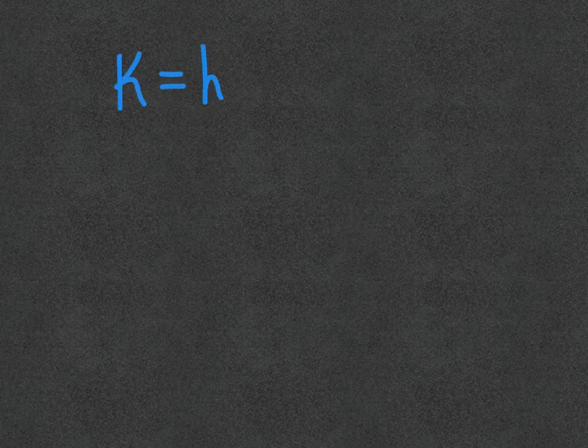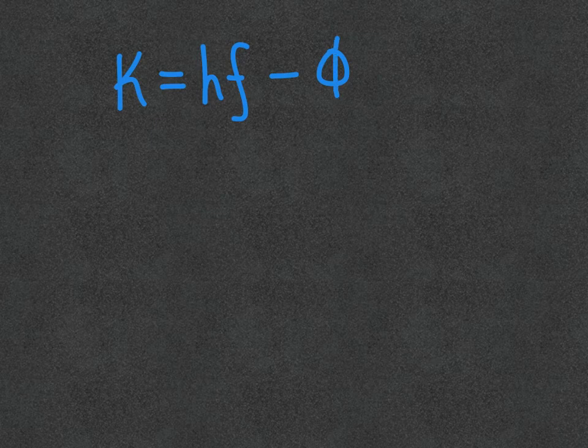One or two other variations of the photoelectric equation can be done along the following terms. What we could write is maximum kinetic energy is equal to hf minus phi, for the work function. That's one option.